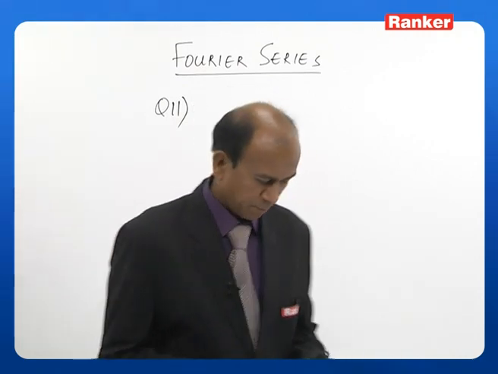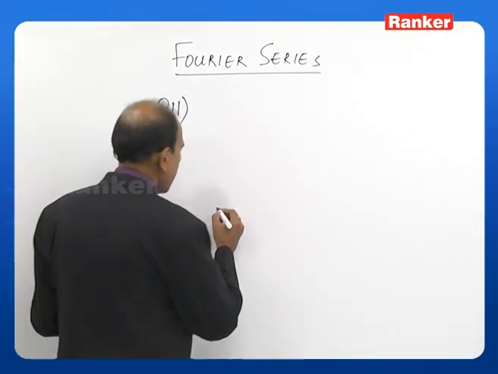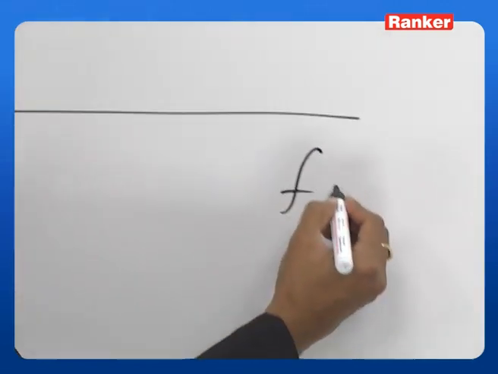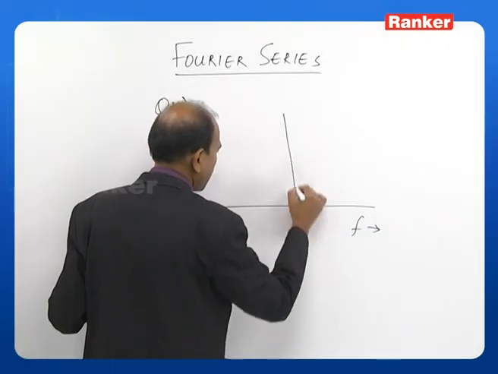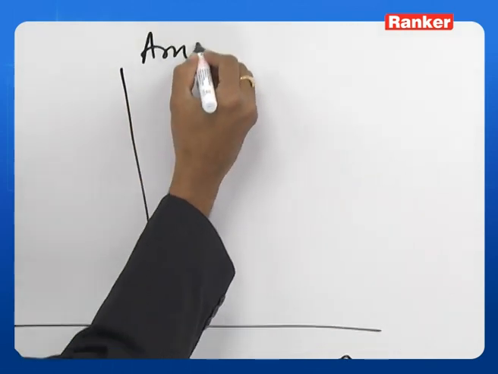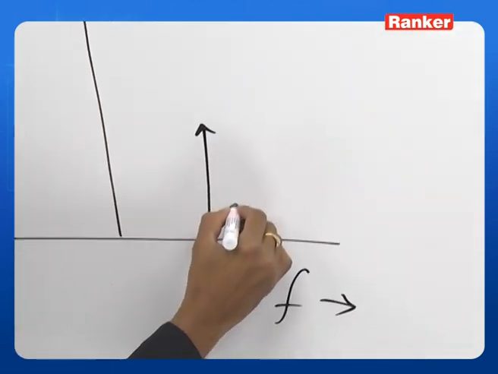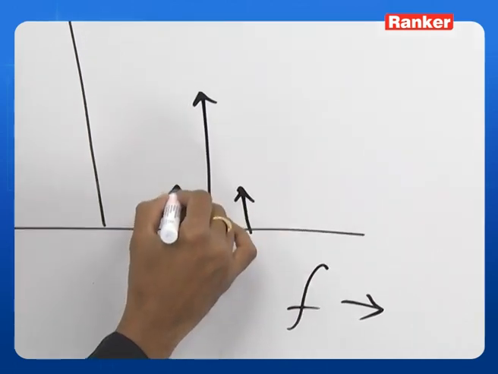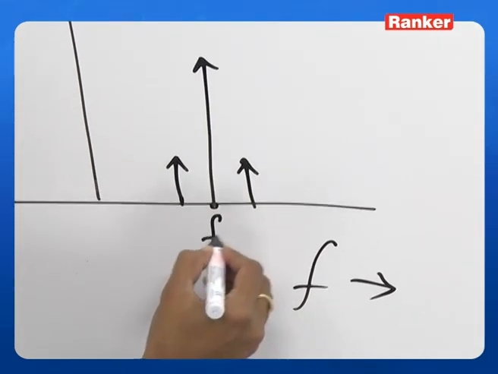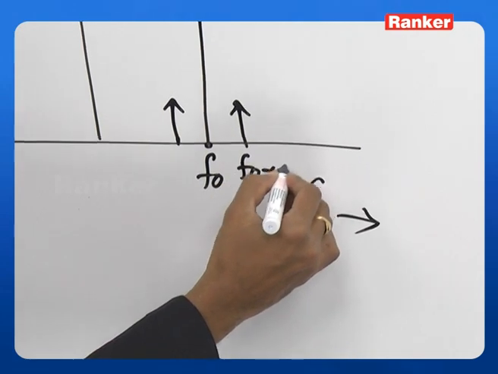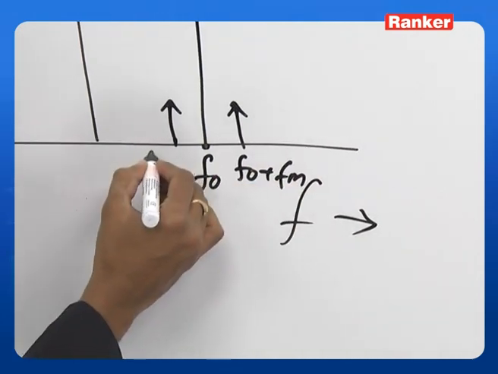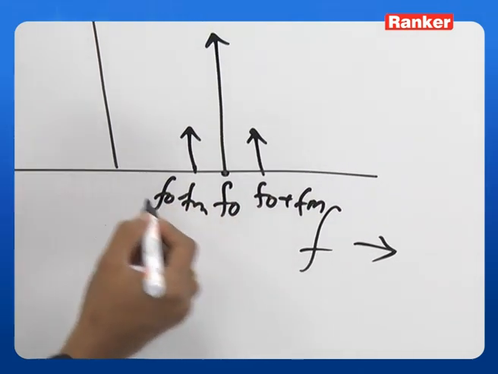Let us see this. Let us say this is the frequency, this is the amplitude. Let us say I have a signal here, again frequency components here. Let us say this is f0, this is f0 plus some fm, and this is f0 minus fm.